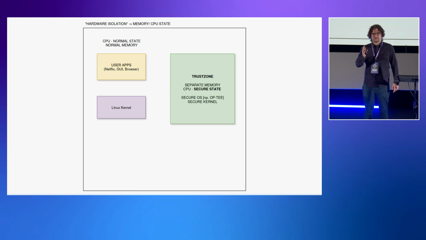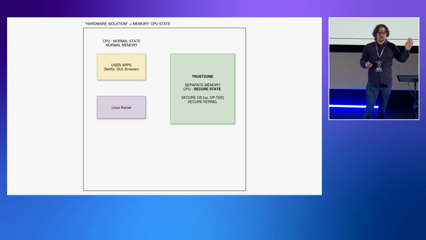However, TrustZone introduces another world, the secure world, where the CPU enters secure state. This is a different state than normal state, and it can execute secure instructions that are not possible to execute in a normal state. And also we have memory isolation. The user space apps cannot access memory that is assigned to the secure world.